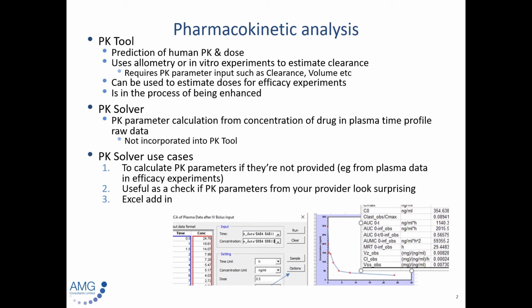So I'm going to talk about comparing the results you might calculate using the PK solver with ones you might get, and I'll use an example from a CRO I've worked with to exemplify that. And also, one of the nice things about the solver, it's an Excel add-in, and it provides some functions that you can use in Excel. So you are able to calculate PK parameters in a kind of batch sense using spreadsheet functionality if you want to.